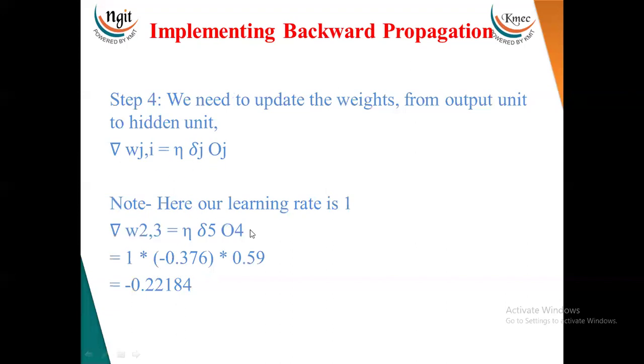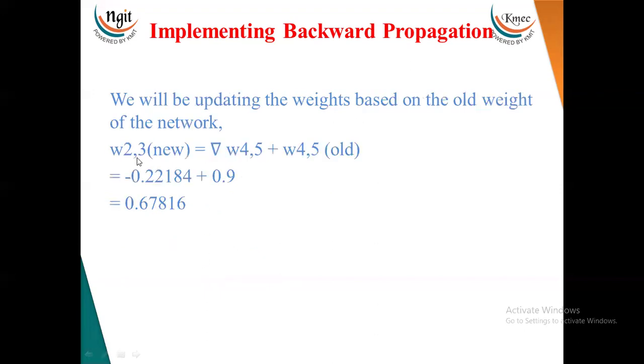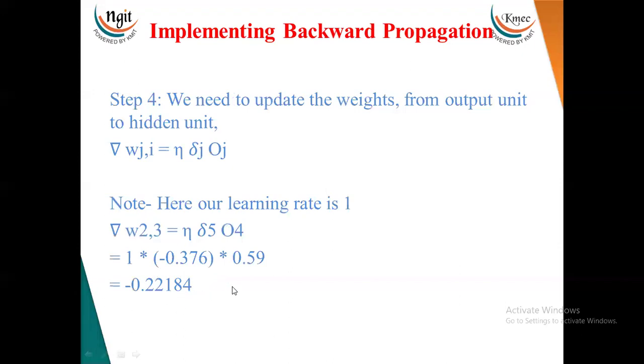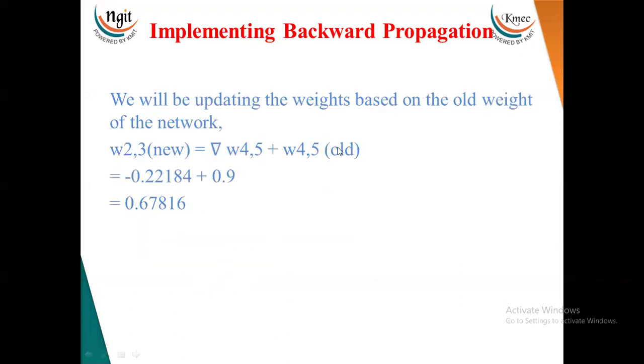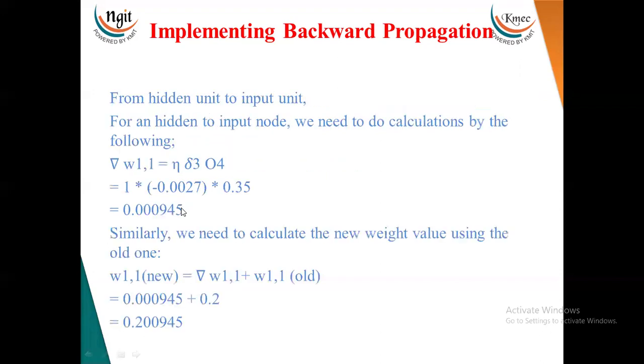Now, using the same values, I'm updating the weights. This is the weight updation. This is for W23, the second input to the third. Similarly, the new value I got here is 0.22184. Old it was 0.9, plus the update, so I'll update this particular weight. Similarly, I'll update all the weights.